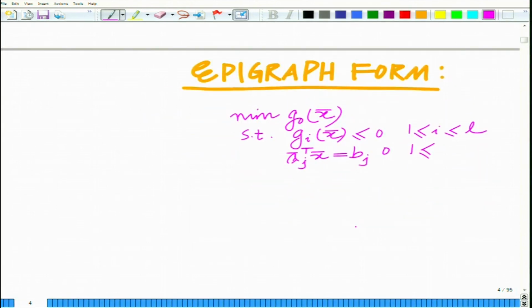These are hyperplanes, 1 less than or equal to j less than or equal to m. And now I can write this in epigraph form. So, this can be equivalently expressed as follows.